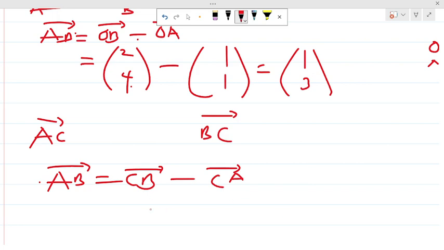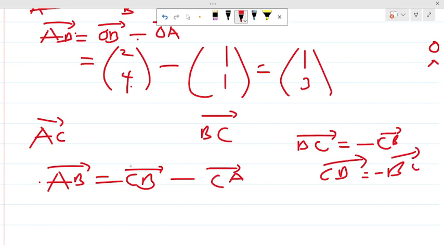So if you have a vector BC and you want the vector CB, it's just the negative of BC, right? So BC is equal to negative CB. So if you want CB, it will be equal to what? Negative BC. Good.